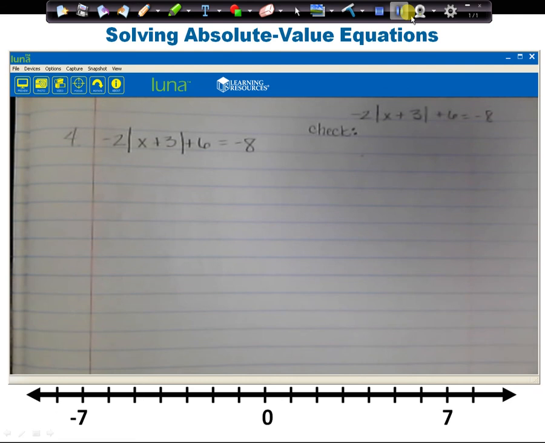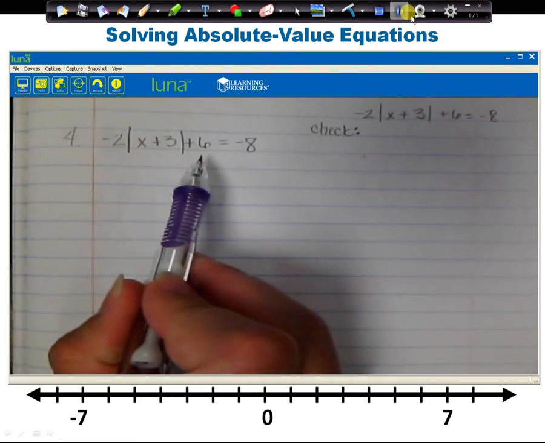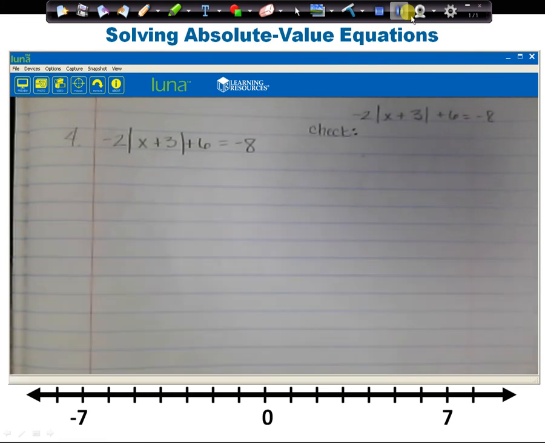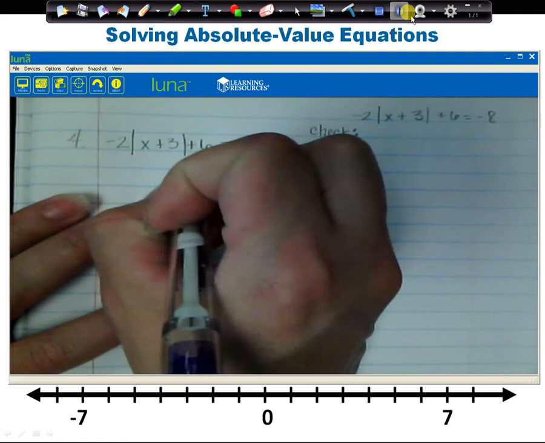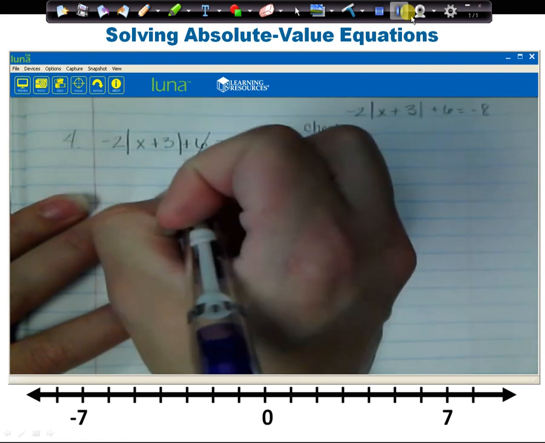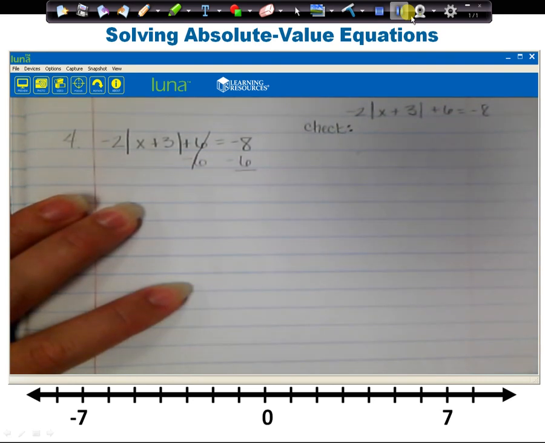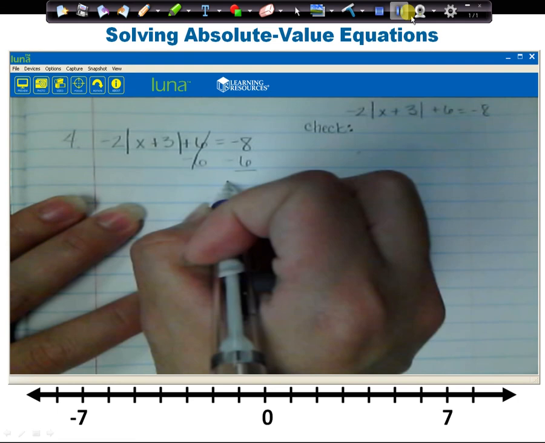So we have this -2 being multiplied by the absolute value bars, and we have this +6 being added. So again, the first step is going to be to subtract our +6 before we divide by -2. So we're going to subtract 6. This cancels, and over here it gives me -8 minus 6, which equals -14.